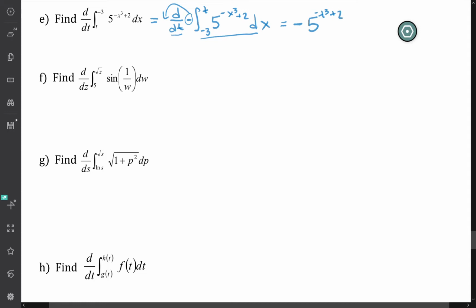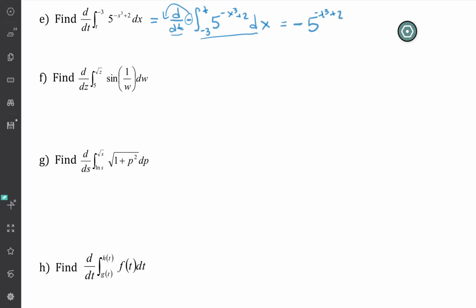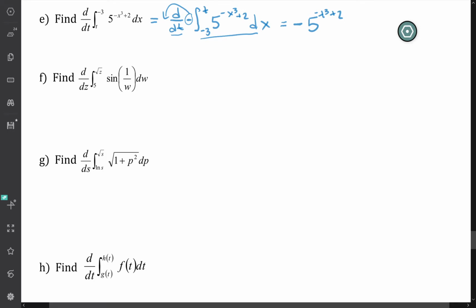You can actually mentally walk yourself through this one step by step as well, but we'd have to do something where we'd say, okay, when we find the antiderivative, let's just call it big F of x.